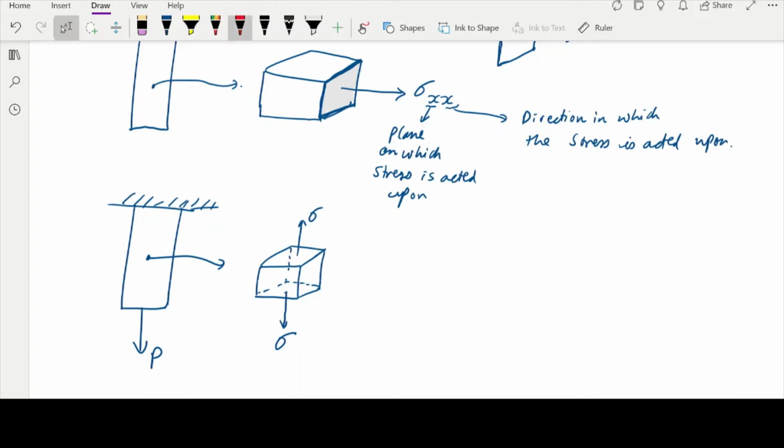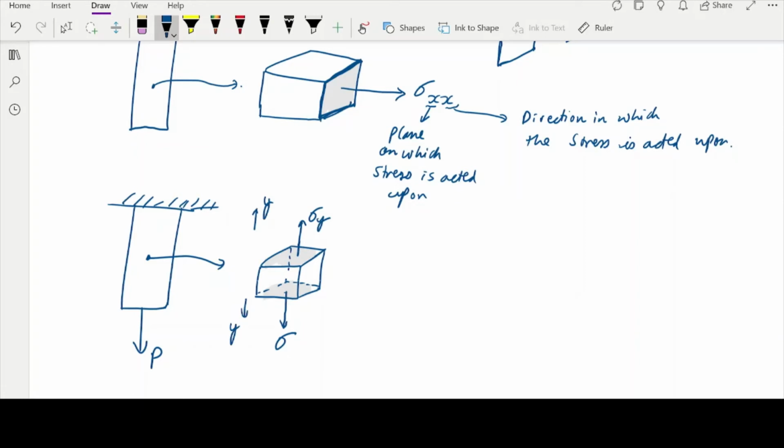The plane in which this stress acts is this plane, and the bottom side is this plane, right? The direction of the normal of this plane is in y direction, right?